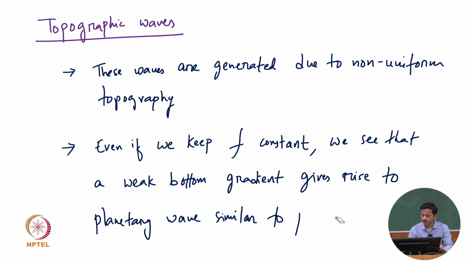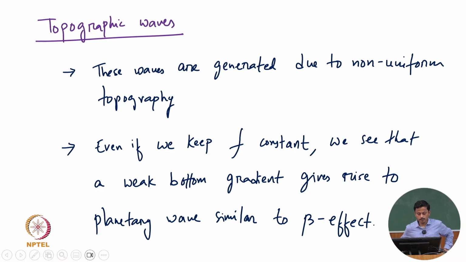What is the beta effect? The beta effect is when the Coriolis parameter, or the planetary rotation, is varying linearly.